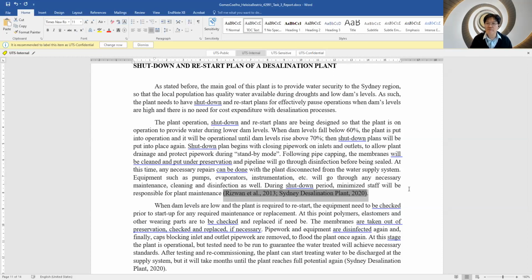If you can summarize with your table or some schematic diagram, that will be much clearer. So you have a better idea how you can address it, but for the detail, you can utilize the reference. You can see, in fact, the Sydney Desalination Plant website.